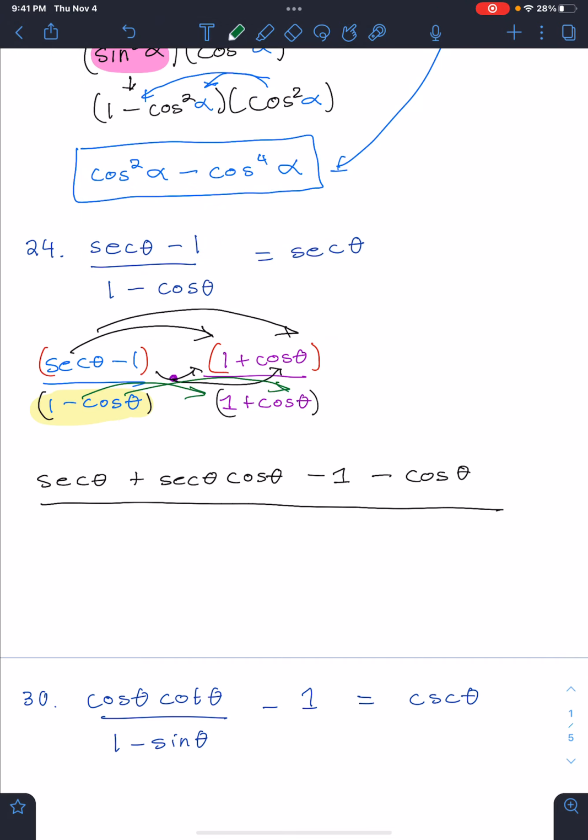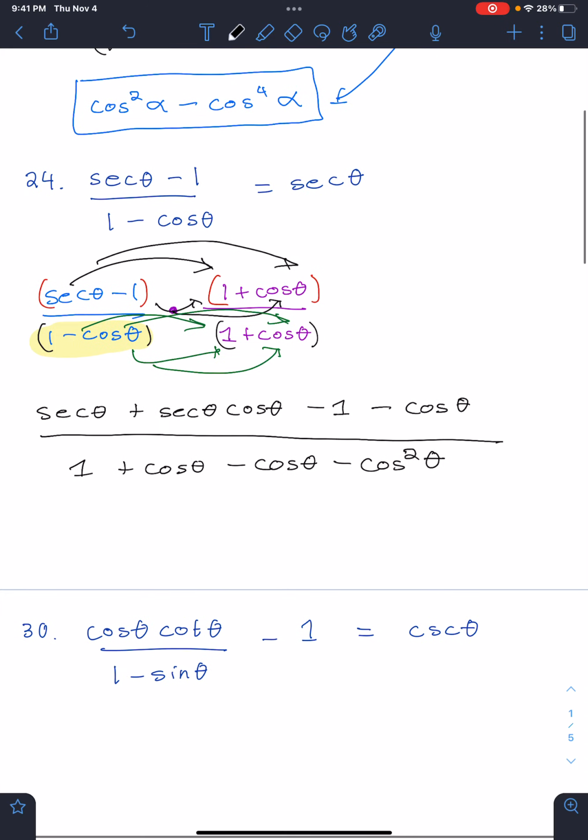We're going to multiply the bottom as well. We're going to get 1 plus cosine of theta minus cosine of theta minus cosine squared theta. So by doing this, we're going to see that this goes away.